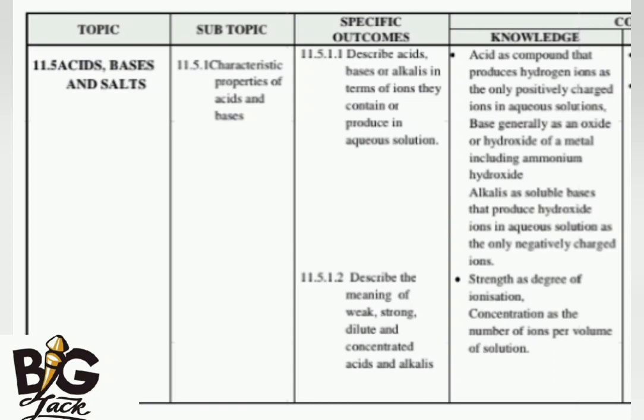A base is generally an oxide or hydroxide of a metal, including ammonium. As for alkali, alkalis are soluble bases that produce hydroxide ions in aqueous solution as the only negatively charged ions.